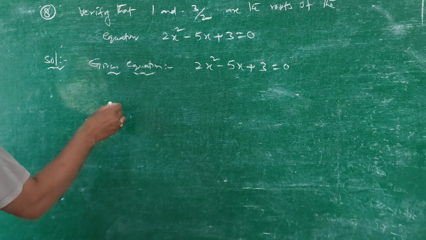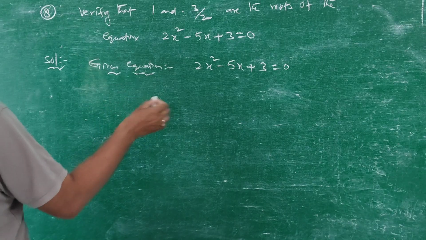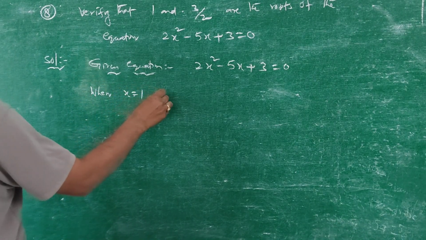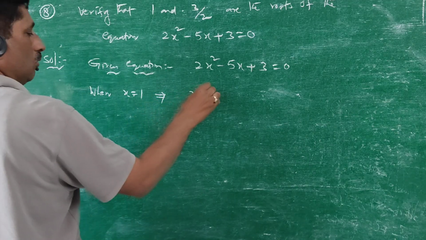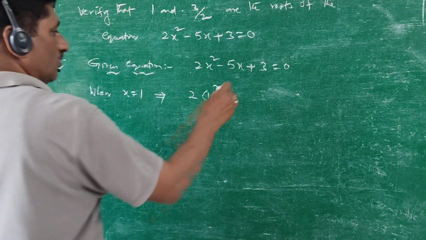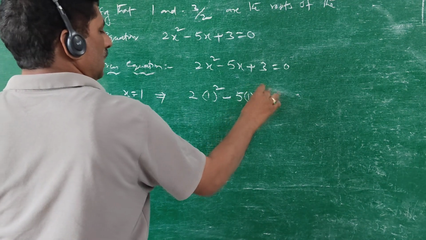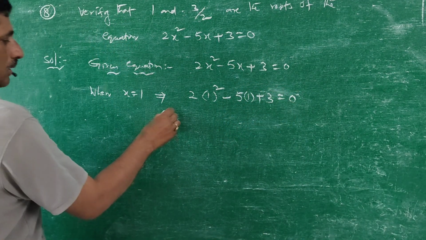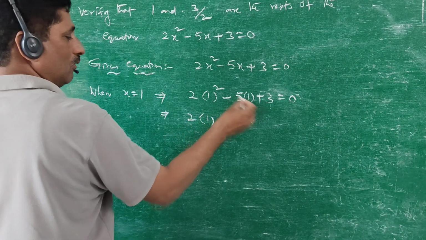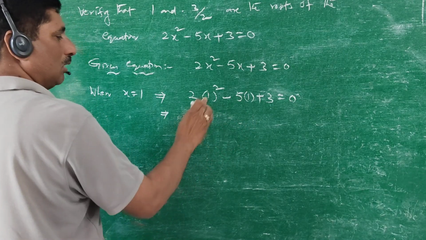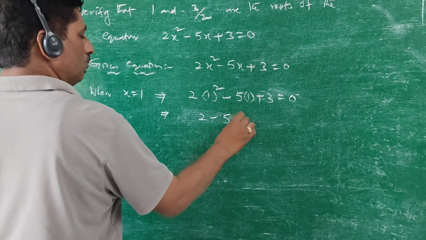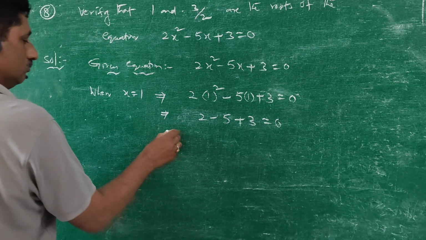When x is equal to 1, then 2 into 1 square minus 5 into 1 plus 3 equals 0. Simply substitute. What is 1 square? 1 only. So 2 ones are 2, 5 ones are 5, plus 3 equals 0.